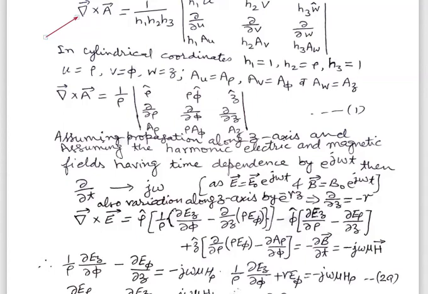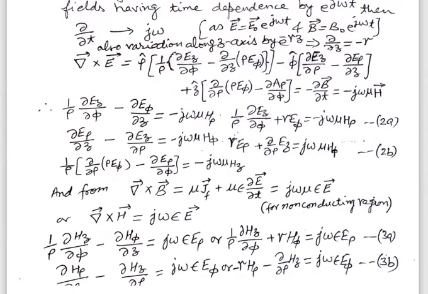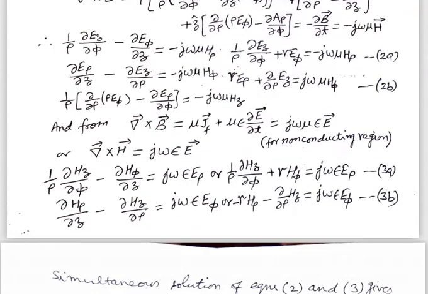So now from equation 1, del cross E may be represented as coefficients of rho cap, phi cap and z cap unit vectors by expanding the determinant shown in equation number 1, and the del over del t is replaced on the RHS by j omega, and B is replaced here by mu H. So in this way, from this equation, if we resolve it for the rho, phi and z components, then these will be shown in equation number 2 here.